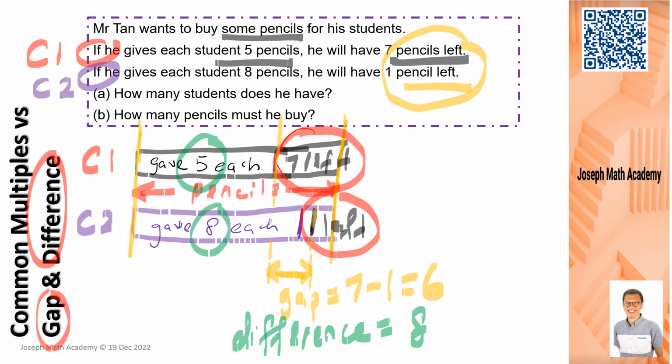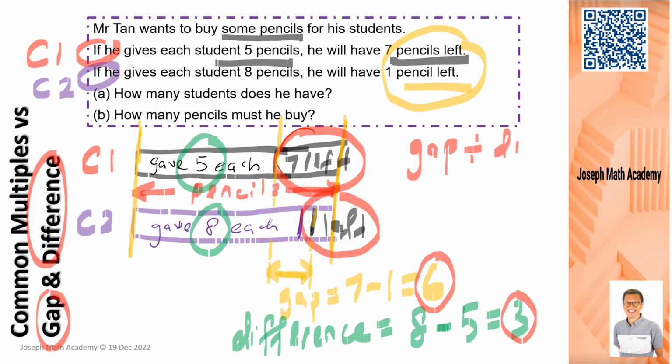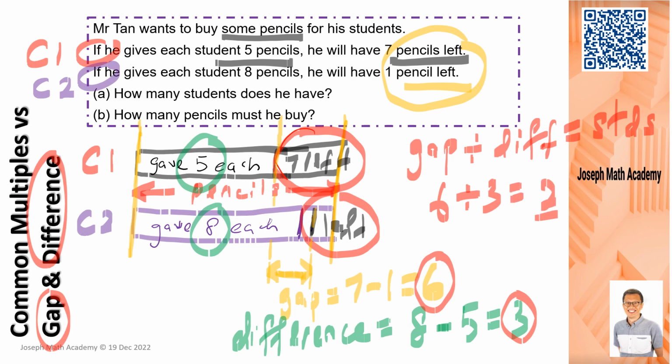So the difference in the way pencils are given away to each student is 3. Now, we take these two values and divide them, gap divided by difference. When the gap is divided by difference, we will obtain the number of students. So 6 divided by 3 gives you 2. So 2 students. So the answer for part A is completed.